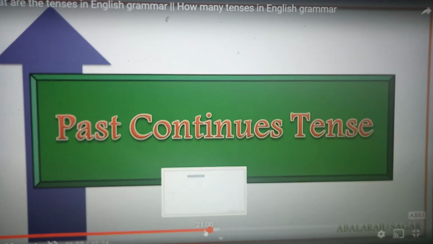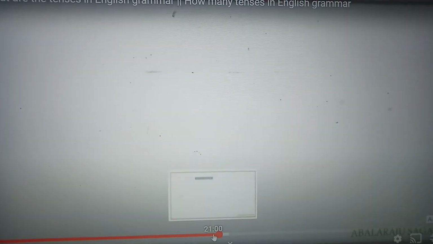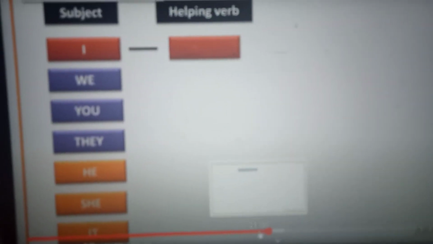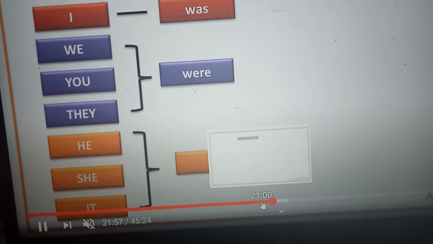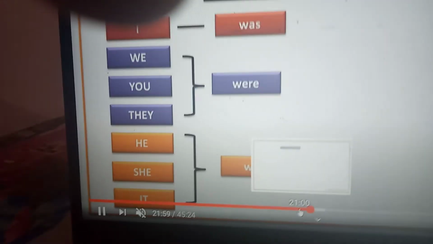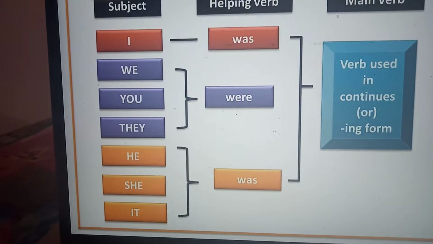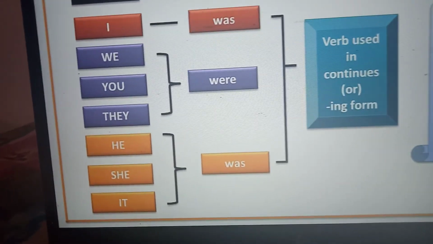Now past continuous tense. I was, we were, you were, they were. He was, she was, plus verb in continuous or ing form.